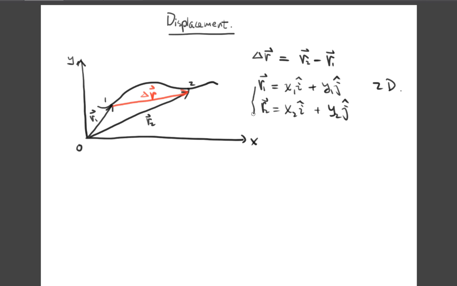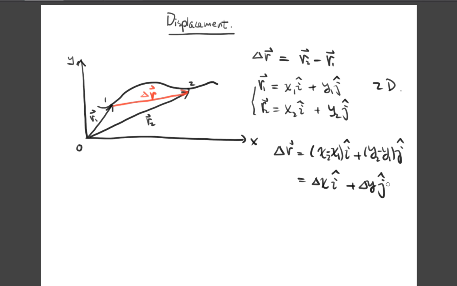Then delta r equals. So these two components, they're going to do the subtraction independently. So we're going to get x2 minus x1 i hat plus y2 minus y1 j hat. Or we can say delta x i hat plus delta y j hat.